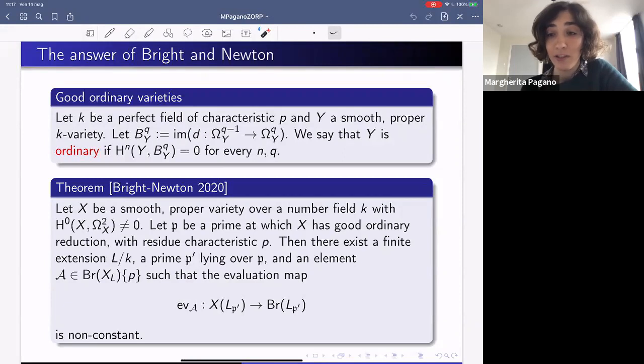And we can use this theorem to give a negative answer to the question. So the point is that varieties with torsion-free Picard group that is finitely generated and with at least one non-trivial global 2-form exist. And an example is given by K3 surfaces.